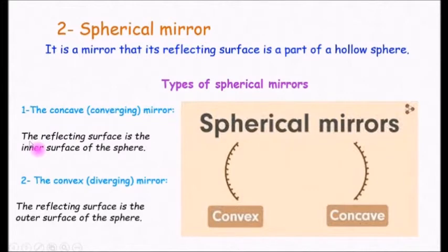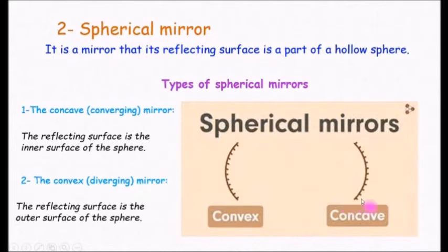So the concave mirror's reflecting surface is the inner surface of the sphere. And if the reflecting surface is the outer surface, it is a convex or diverging mirror. Those short lines mean that this surface is not the reflecting surface, and the other surface is the reflecting surface.